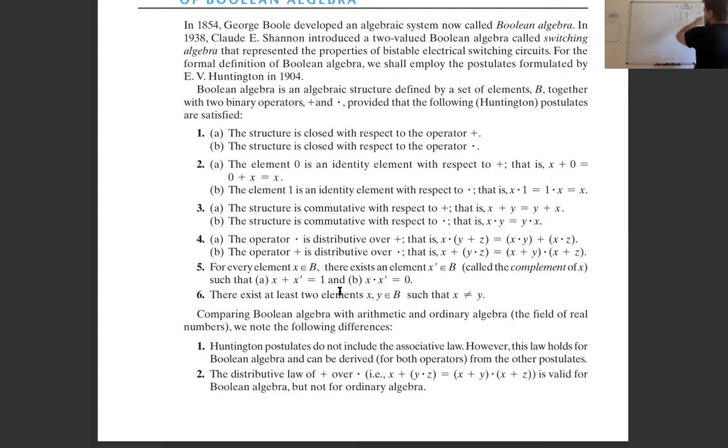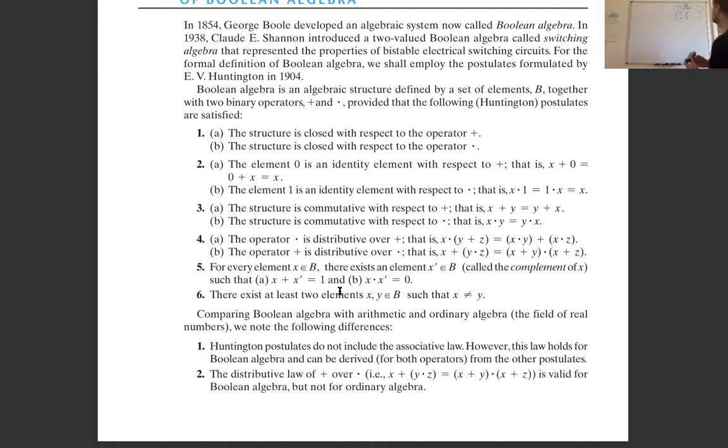So again, it can't be that, but this is 0. 0 dot 1 dot 0 is 0. Okay. But also something dot 1 should be the something back. 1 dot something should be the something.